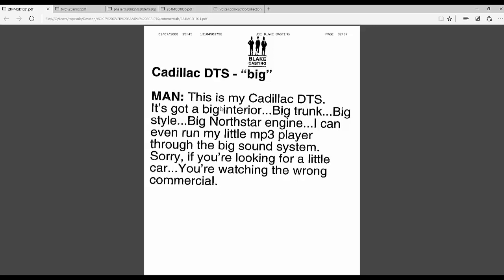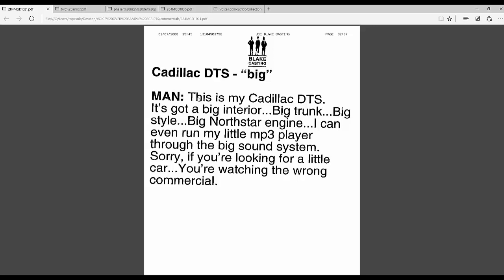Okay, so now don't forget you're mentioning the word big. A lot of big stuff in here. All right, so let's go this way. If I'm directing this, which of course I'm not, this is my Cadillac. Now mention that name with pride. Cadillac. Don't just say this is my Cadillac DTS. No, this is my Cadillac DTS.